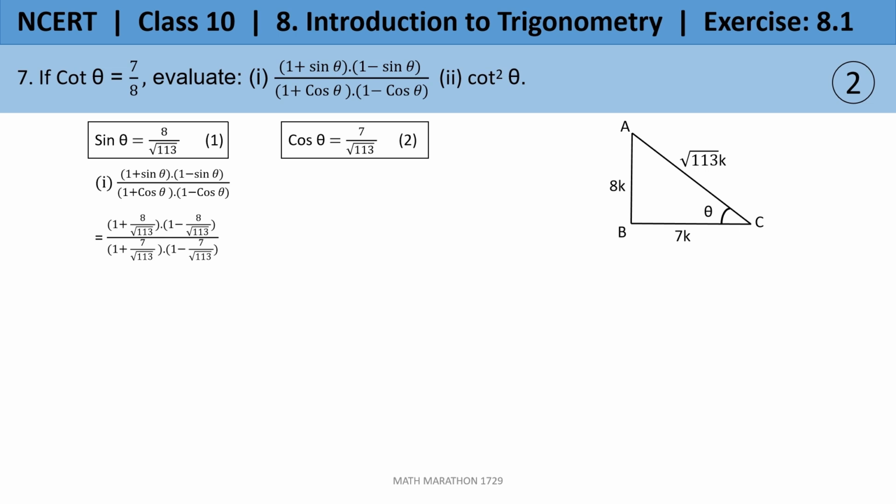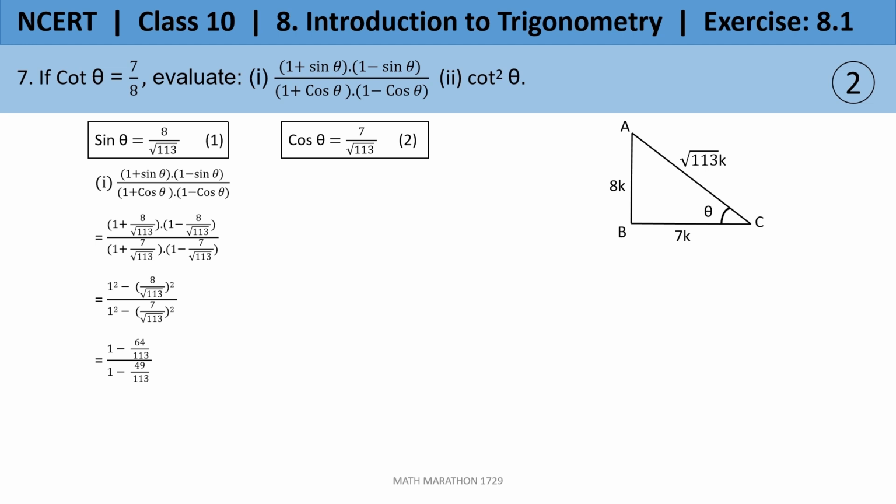Is equal to 1 square minus (8 by root of 113) square, divided by 1 square minus (7 by root of 113) square, is equal to 1 minus 64 by 113, divided by 1 minus 49 by 113.